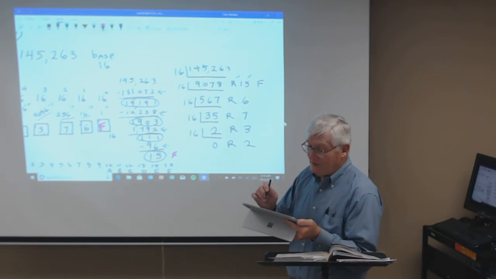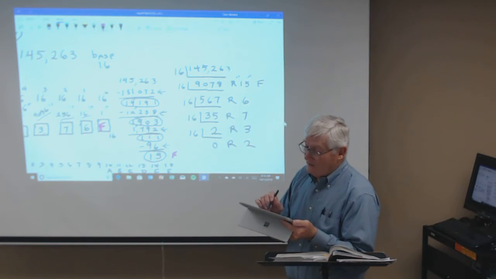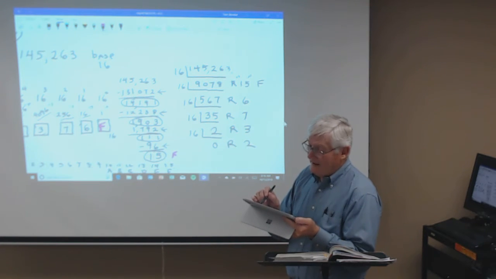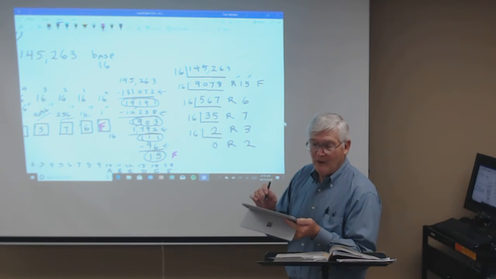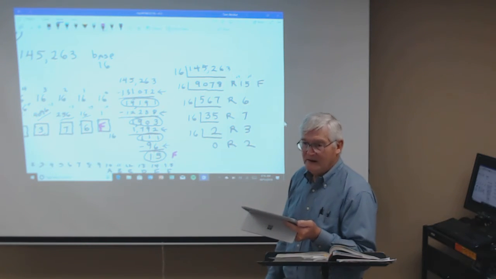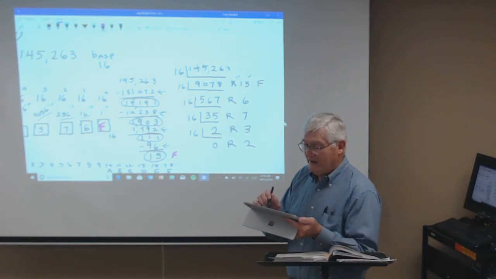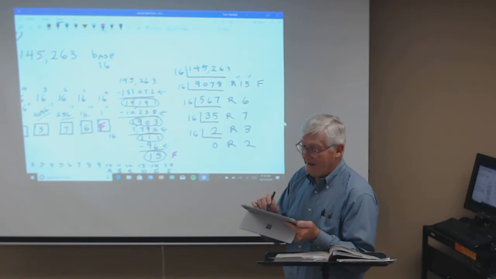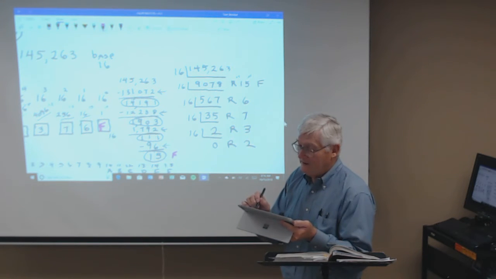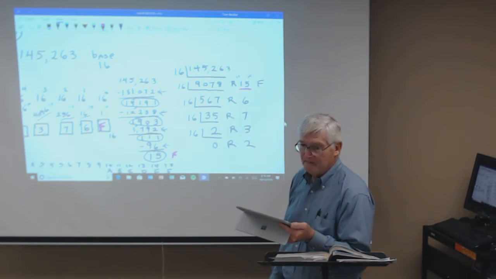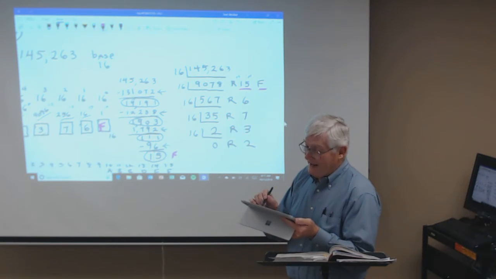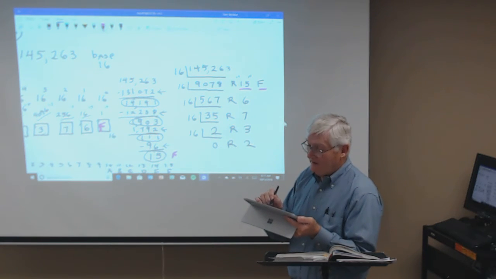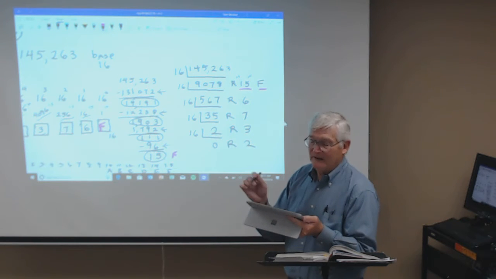Now, again, if you use successive division, you divide 145,000 by 16, and you get 9,078 point something. So you take 9,078 times 16, and you subtract that from 145,263, you get a remainder of 15, which is called F. Then you divide that by 16, and you get 567 point something.